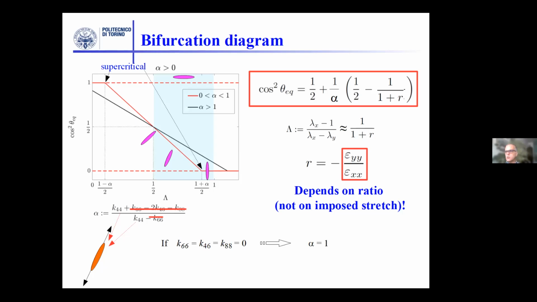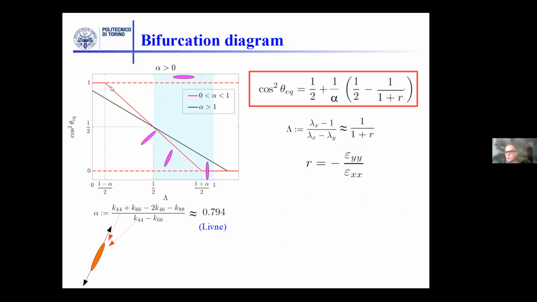And this is not what is seen in the experiment, because, as I mentioned, alpha is smaller than 1. If alpha is 1, you have a straight line that goes from this point here, 0, 1, to the end of this shaded area. Instead, the slope is steeper, negatively steeper. So alpha is 0.8, more or less.